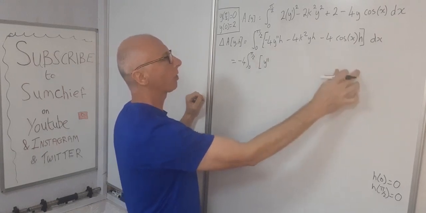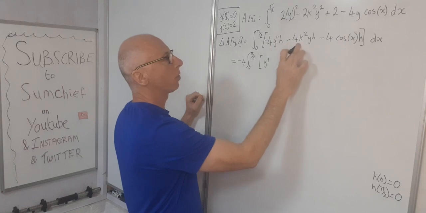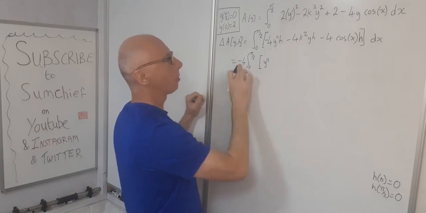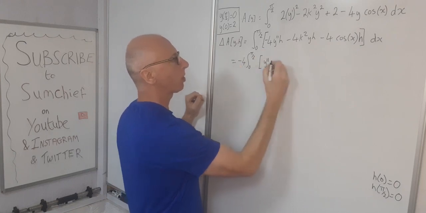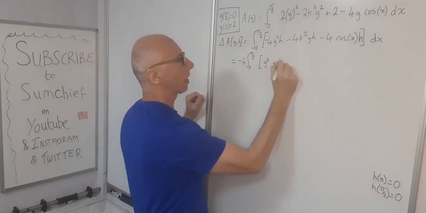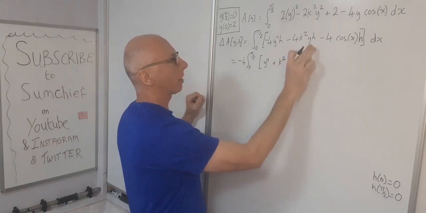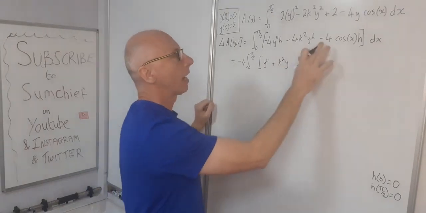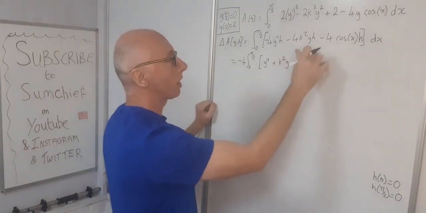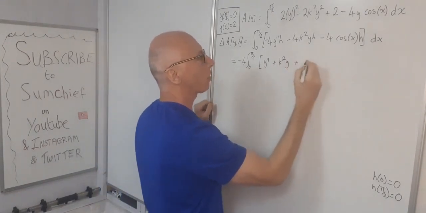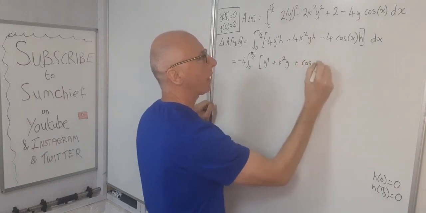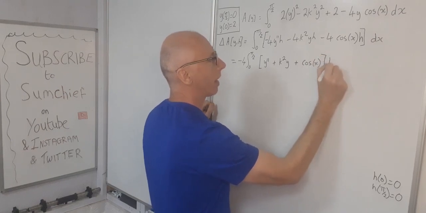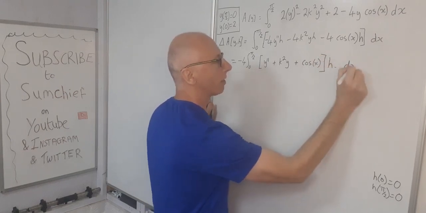The h I'm going to write on the end here. My minus 4k squared is now just going to be minus k squared. But the minus here will now render this as a plus. So that's plus k squared. And I need my y here as well. And now a minus 4 here, which will now render this into a plus again. So plus cosine of x, all in brackets, and then my h, and then dx.